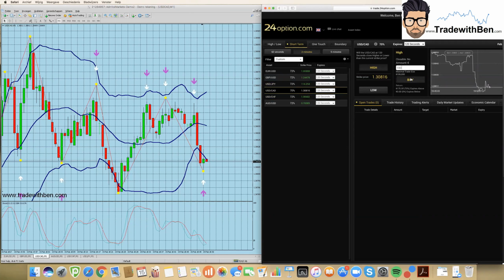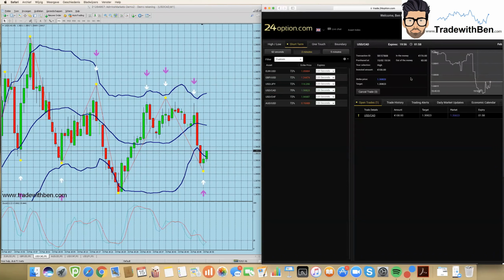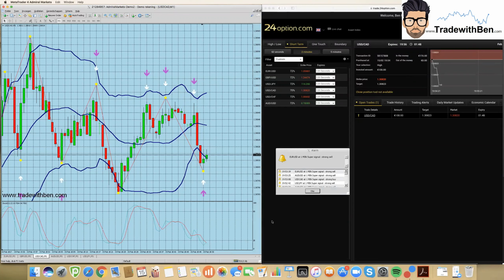Let's see how it goes. Let's see if the reversal is right over here. Actually, I should have waited one more candle. But yeah, no problem. That's just Australian dollar, US dollar.